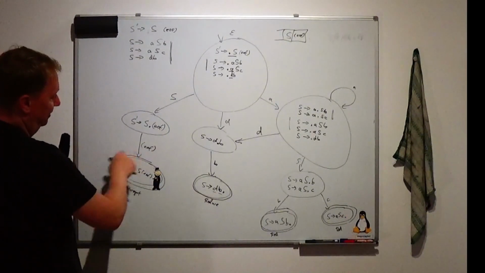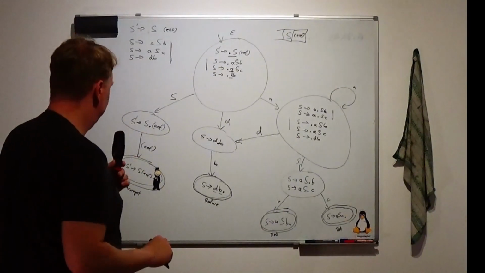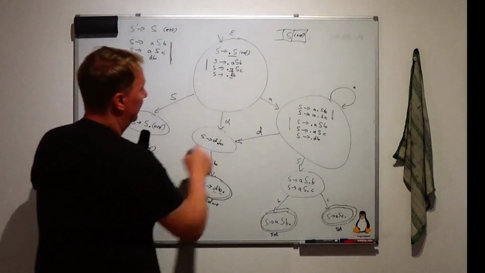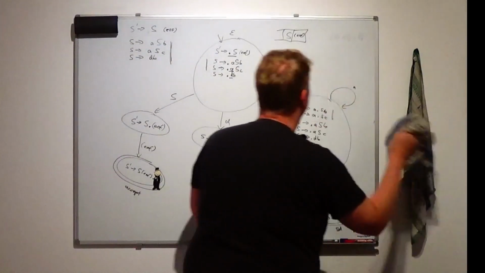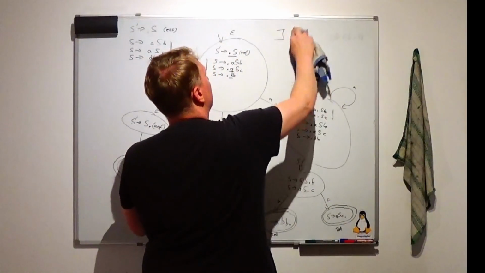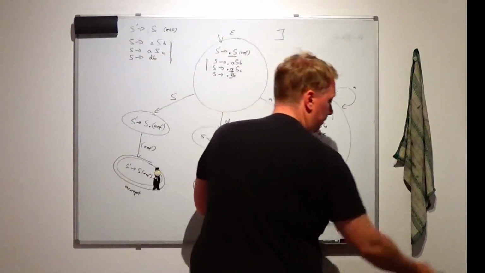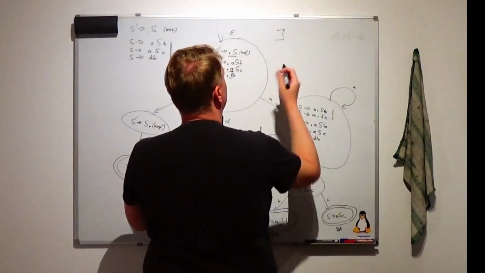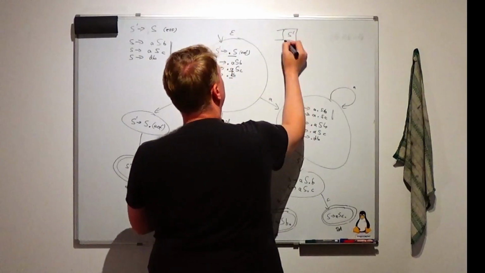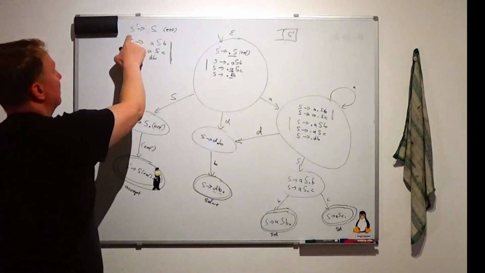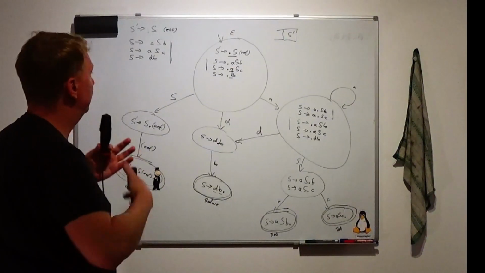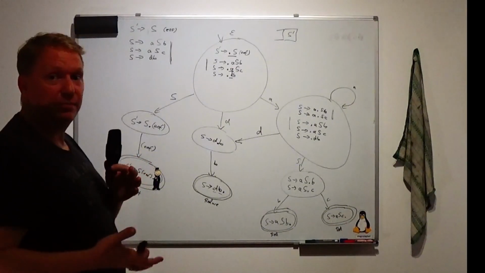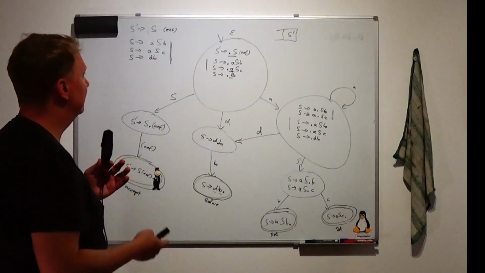Now we are in this reduce state where we have S EOF point, which means we could now pop this S EOF and replace it with an S prime, which is our start symbol. So at this point we are done. The whole parsing process has succeeded.